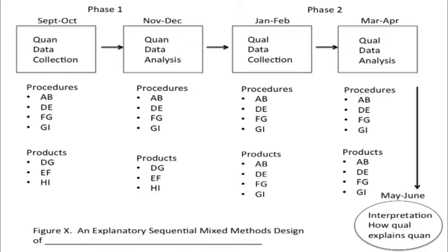In this case, the qualitative data is used in an explanatory sequential design to interpret the quantitative findings. So I'm going to put that information about interpretation into the interpretation circle. So what we have here is a fairly complete explanatory sequential design diagram with major boxes indicating the flow of activities, the procedures, the products, a timeline, a title, and the phases.